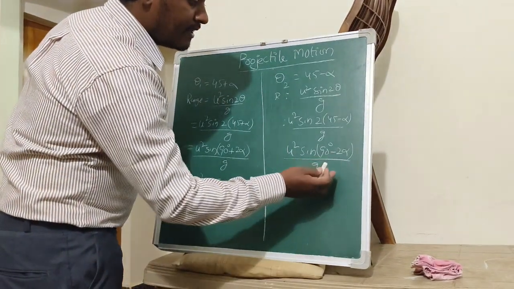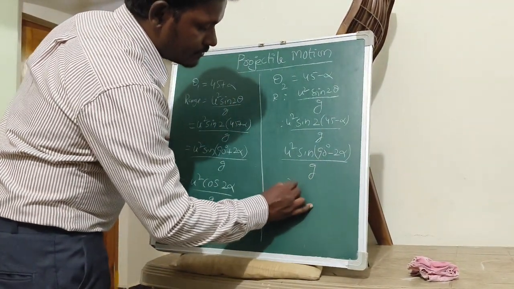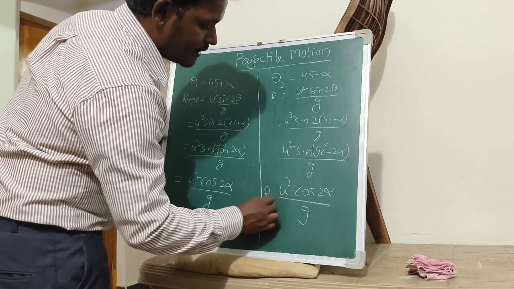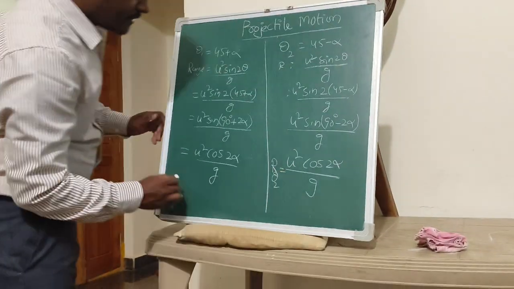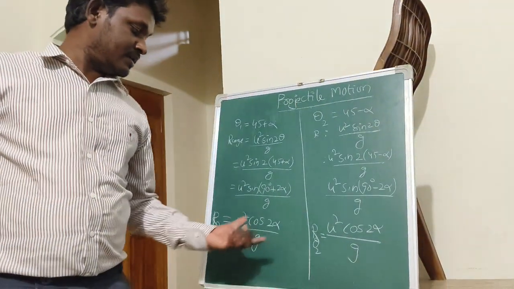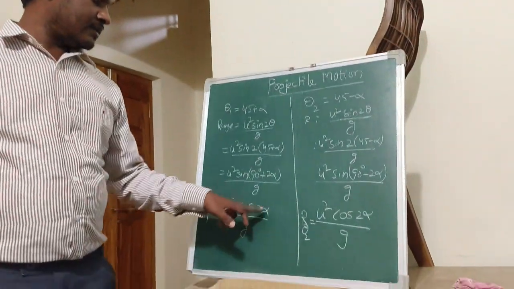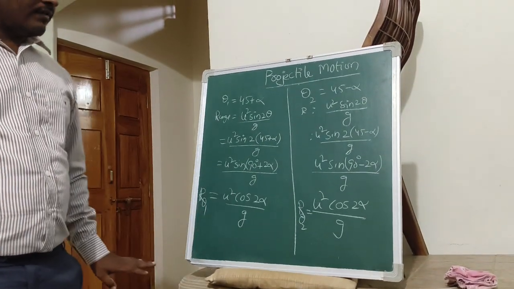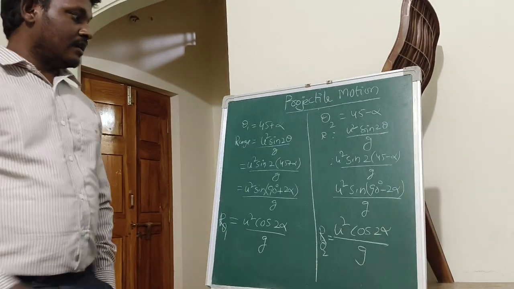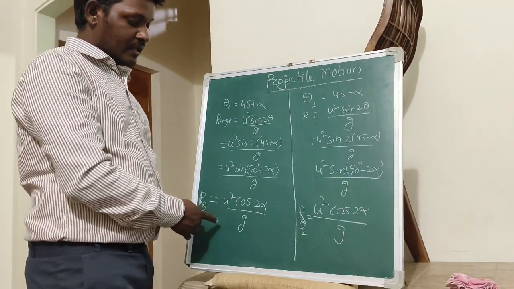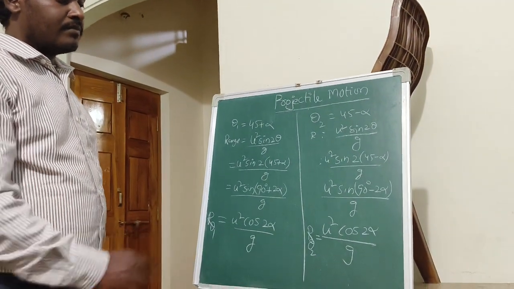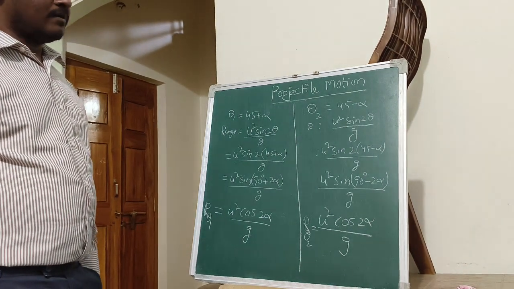Sin 90 minus theta is also cos theta, so u square cos 2 alpha by g. This is the range of theta 1, and this is the range of theta 2. Is there any difference in the ranges? U square is there, cos 2 alpha by g is there. Everything is the same. That means if the projecting angles are complementary, they will cover the same range along the horizontal direction. This is one problem we solved in projectile motion.